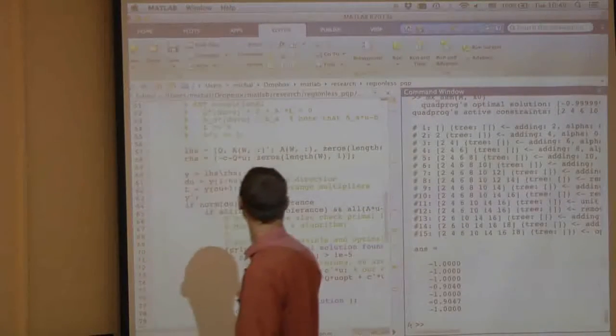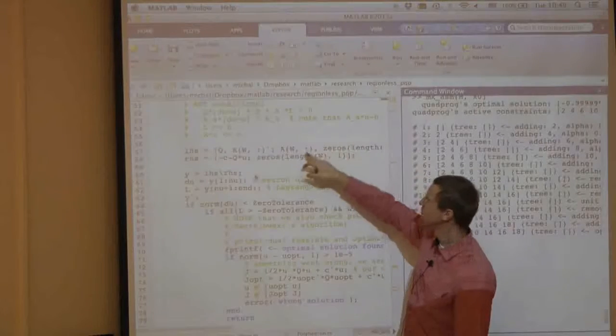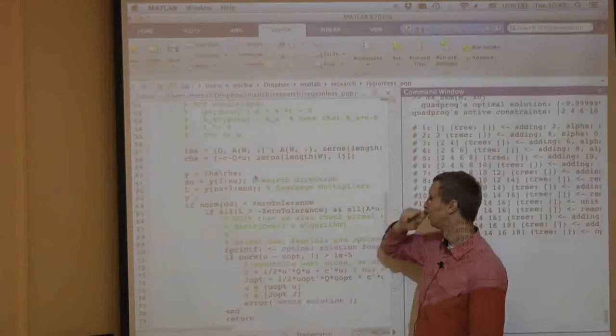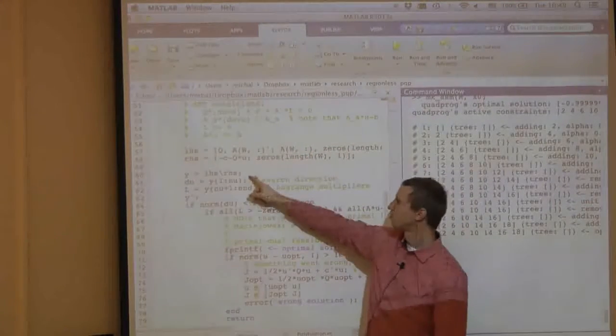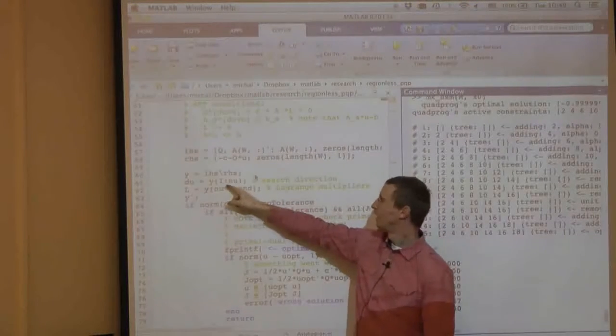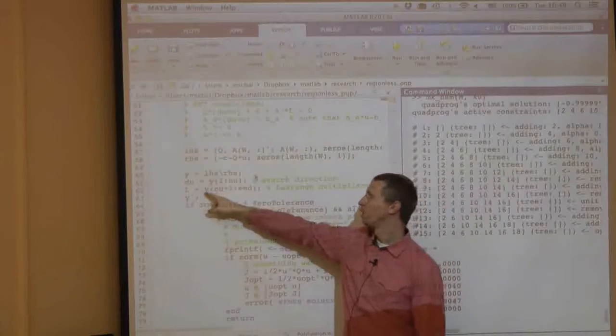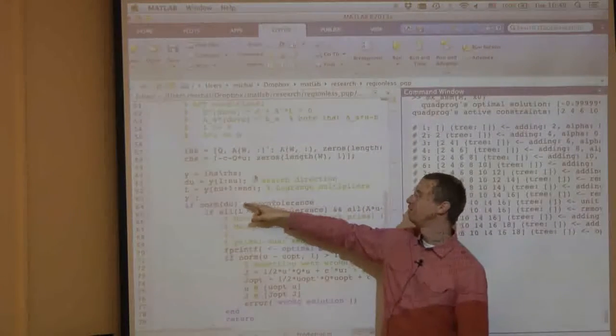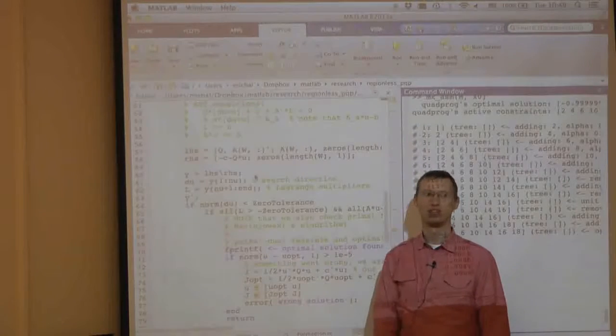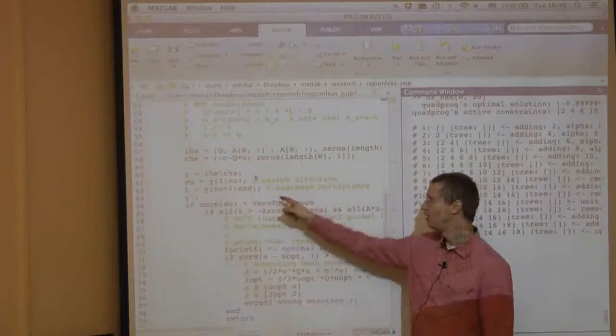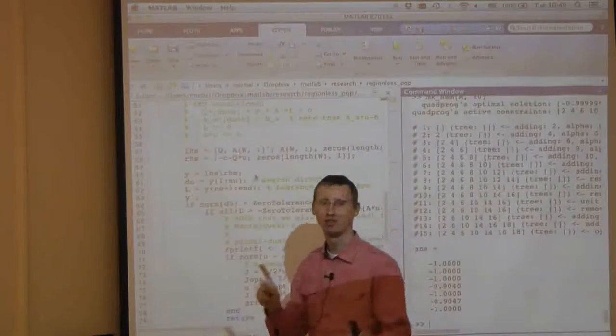Okay, so we form the KKT system exactly as we had it on the whiteboard. We solve the KKT system. We take the improving direction, which is called du. We take the Lagrange multipliers, and then we look at whether the improving direction is 0 or not. If it is 0, then we know that we are in 2 situations.